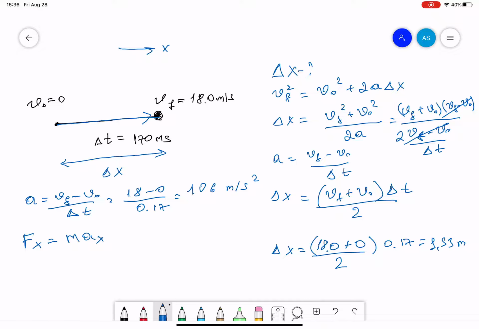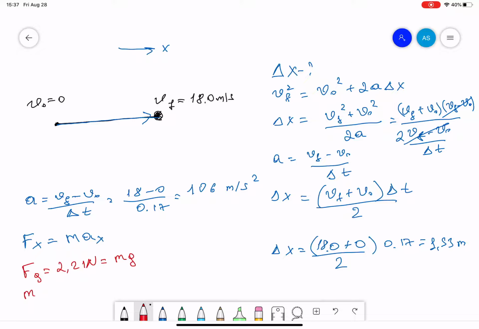Do we know the m? No, we don't know the m, but m can be found from Fg, which is given as 2.21 newtons, equal to mg.